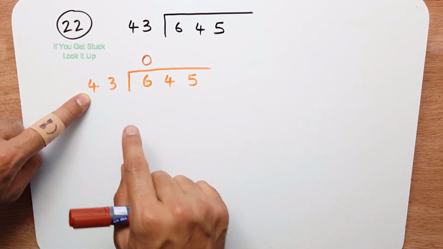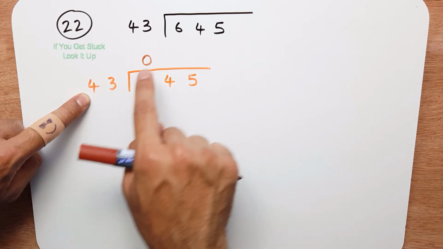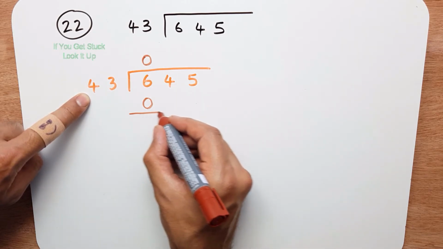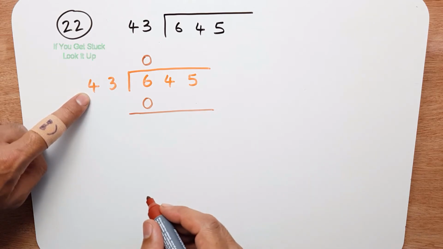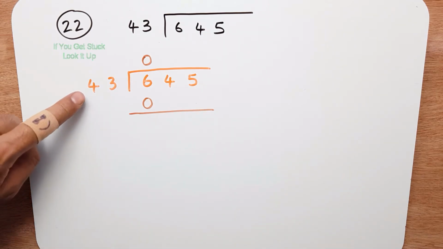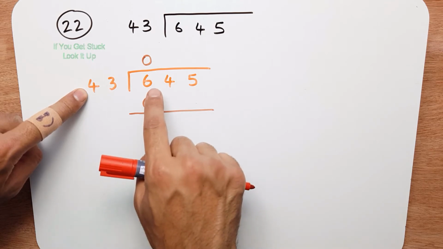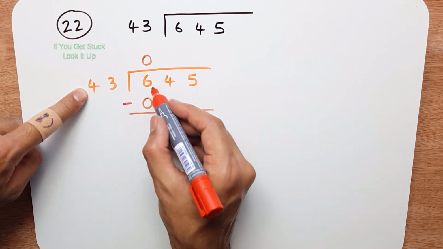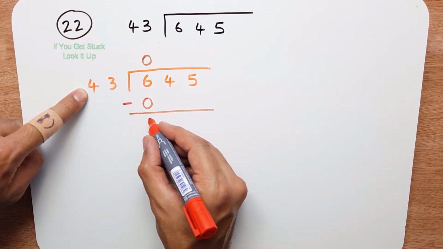Now watch this step. 43 times 0 is 0. Now that's where I've got to. Now I simply subtract these two. I do a simple subtraction. So 6 take away 0 is 6.